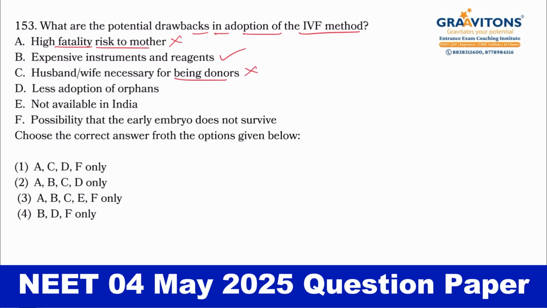And less adoption of orphans, yes. So when they go for IVF method, adoption of orphans rate is getting reduced. And not available in India? No, it is available in India. And last one, possibility that the early embryo does not survive. Yeah, this is a drawback. Alright, so the answer for this question is option 4.